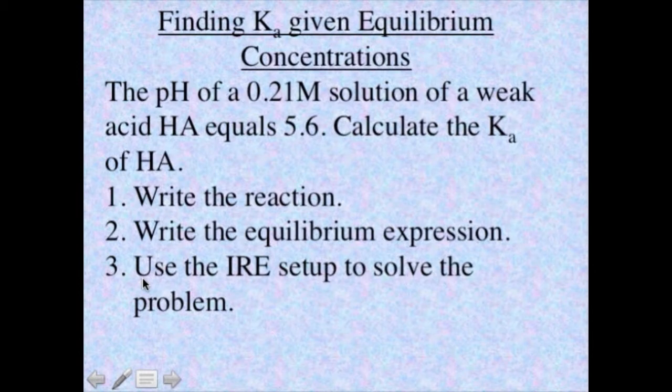So what we want you to do is write the reaction, write the equilibrium expression, and use the IRE setup. That's initial, reacts, and equilibrium, much like you did in the chapter on equilibrium, to solve the problem. Turn the playback off, try it, and come back and we'll see what the answer is.